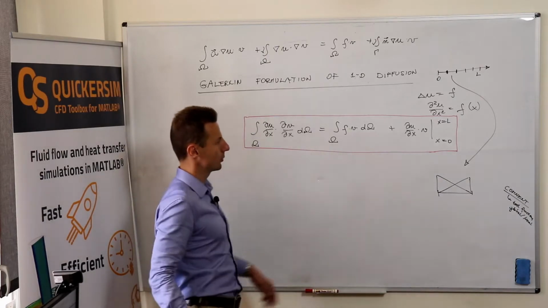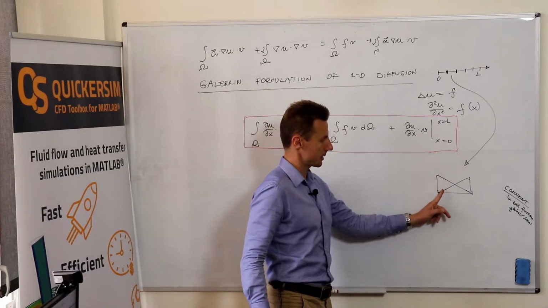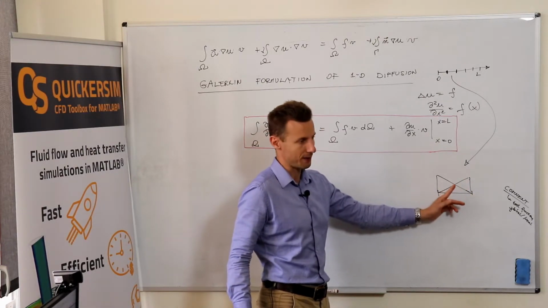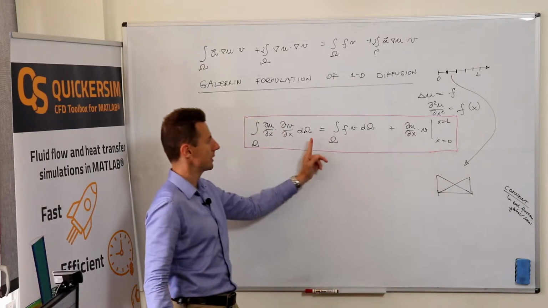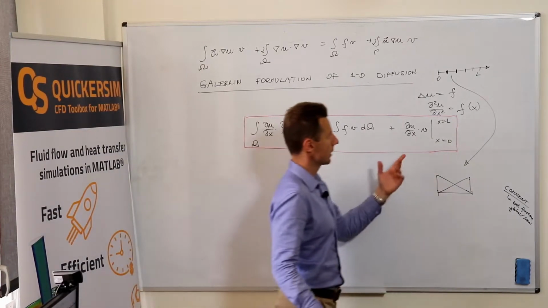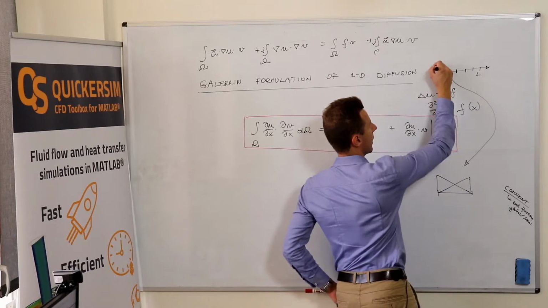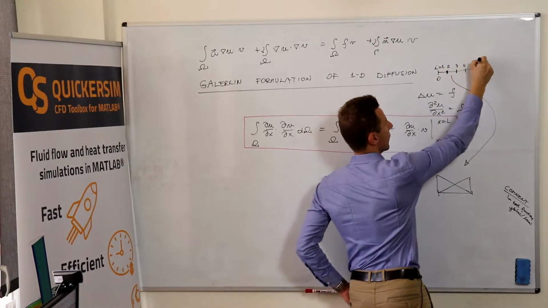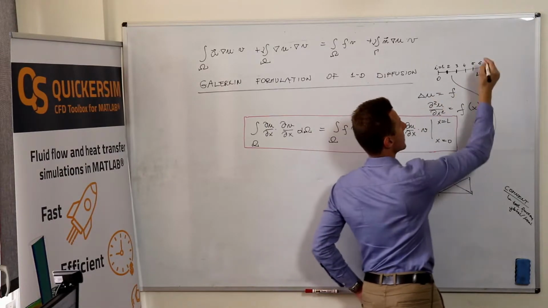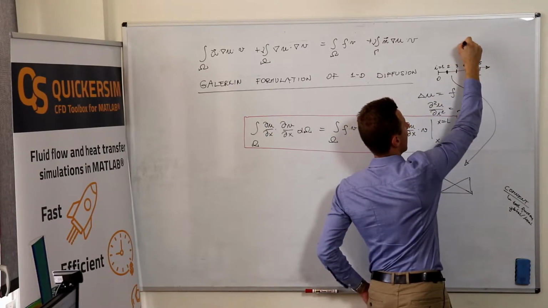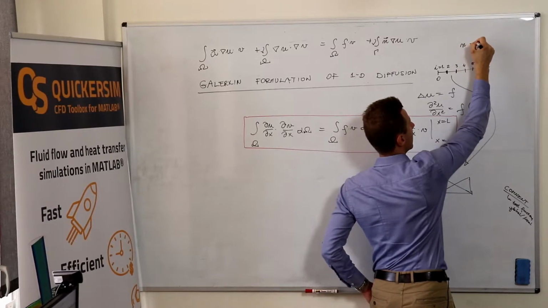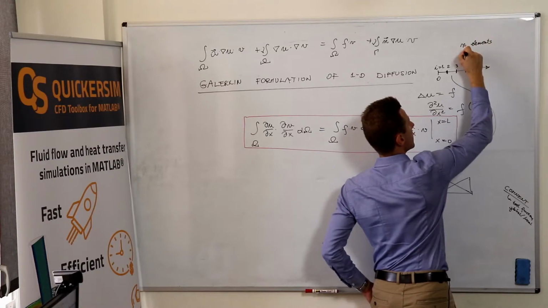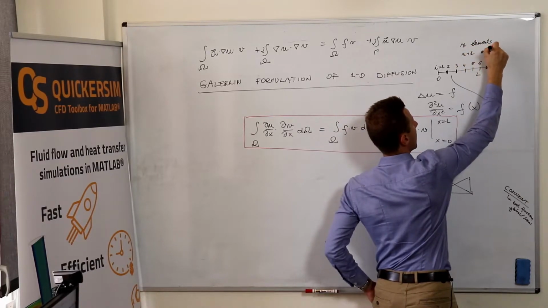Okay, so we want to exploit these shape functions at the same time test functions to discretize that equation. Okay, so how many nodes do we have? I equals 1, 2, 3, 4, 5, 6. So let's assume we've got n elements and n plus 1 nodes.